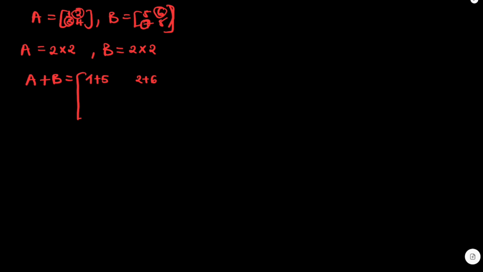They have the same position, so we can add them. That is 3 plus 7. 4 is the last element. Which element is the last element in the matrix B? 8. So we can add them. So that is 4 plus 8.